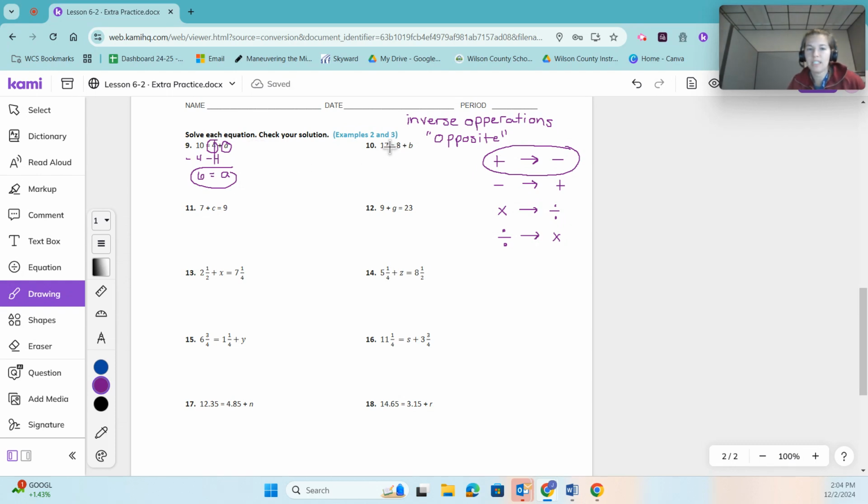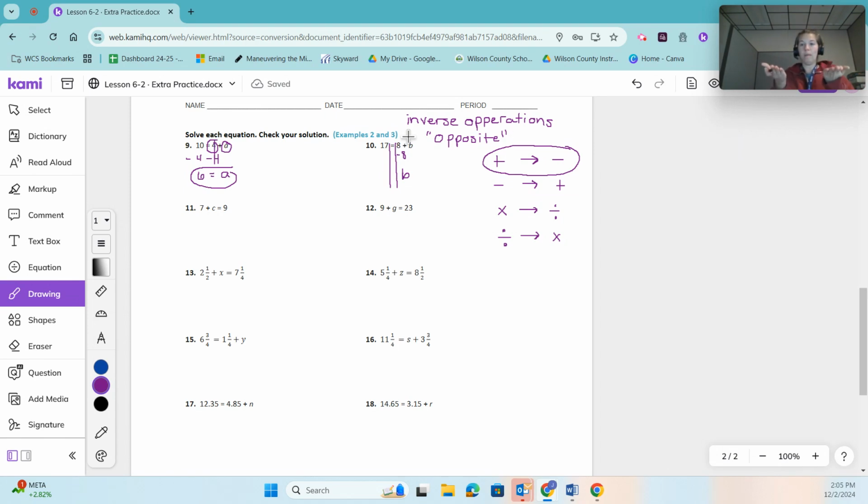Okay, now some people like to draw these lines to show separation from one side of your equation to the other. And if that helps you separate your equation, please do that, okay? Same thing is going to happen here. This is a positive 8, so we are going to subtract 8 in order to get 0 and have b left by itself on this side, okay? But whatever I do to one side, it's an equation, so both sides need to remain equal.